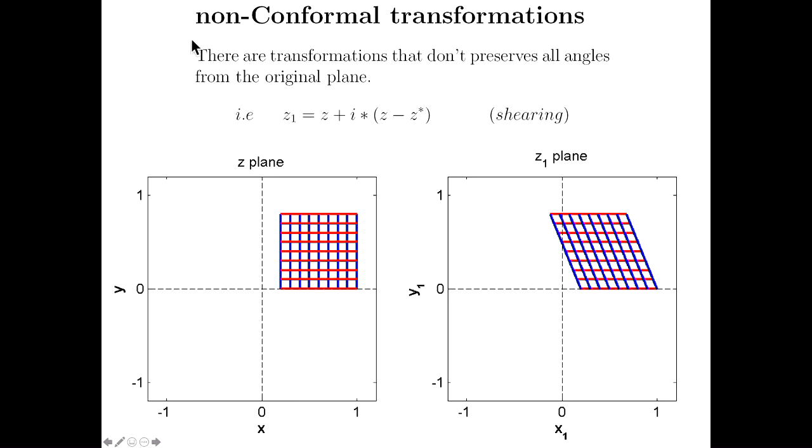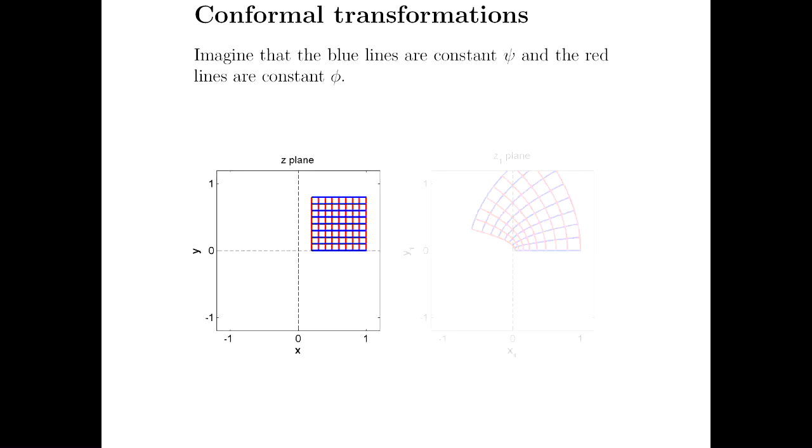It's not a conformal transformation, because you can see that the angles between your red and blue lines are no more 90 degrees. So this transformation is non-conformal, but we're only interested in conformal transformations in this course. And you'll see why in a few slides' time.